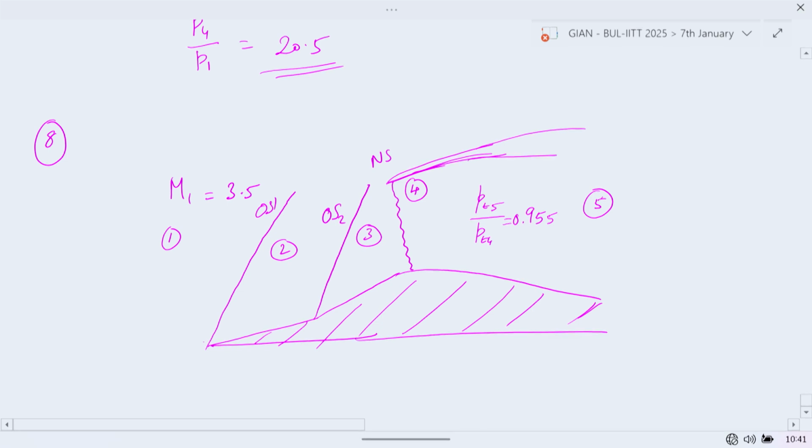So we are able to recover 0.955 of the pressure. And calculate the total inlet pressure recovery for this inlet.